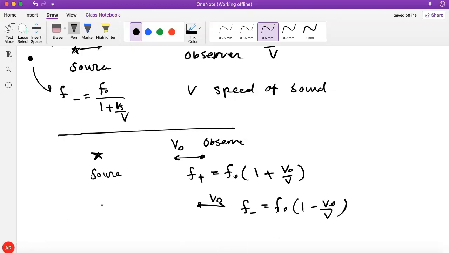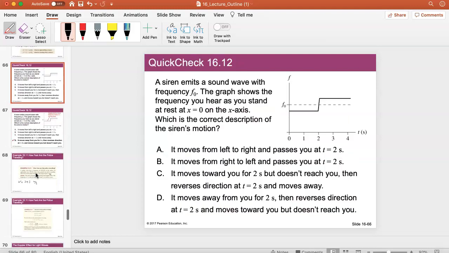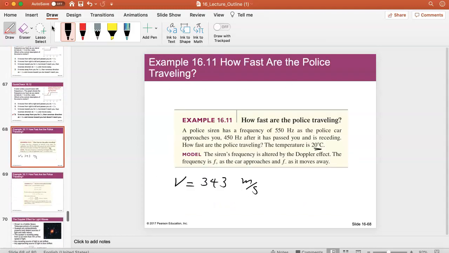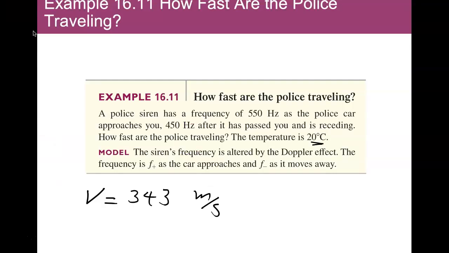Okay, so let's have a quick practice problem with this. Let's read it together. The police siren has a frequency of 550 hertz as the police car approaches you, 450 hertz after it has passed.